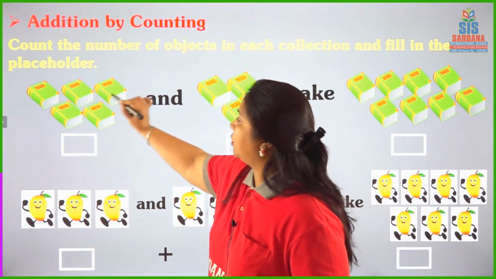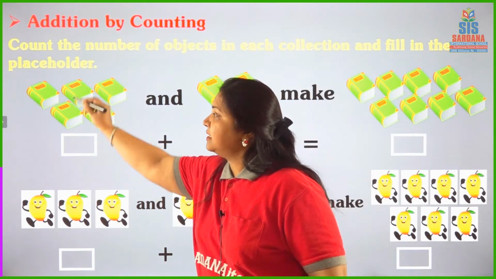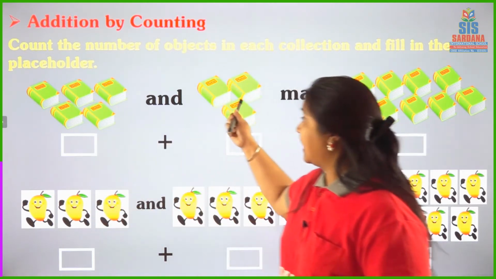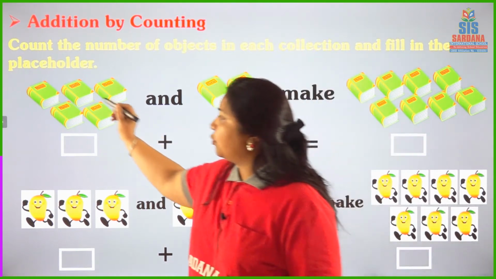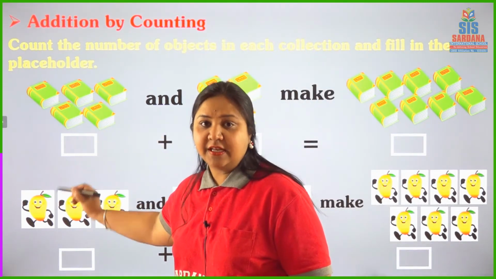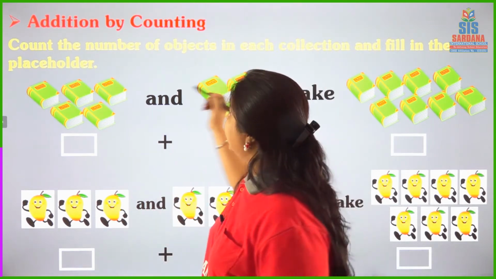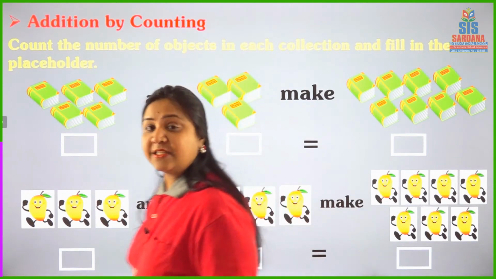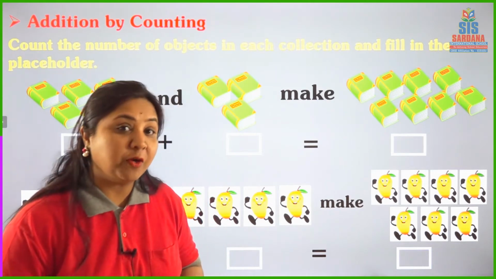So count the number of objects in each collection. This is one collection, and this is another collection. We count how many objects are in each collection and fill them in the placeholders. These are the placeholders. So let us start. Let us count the given objects.